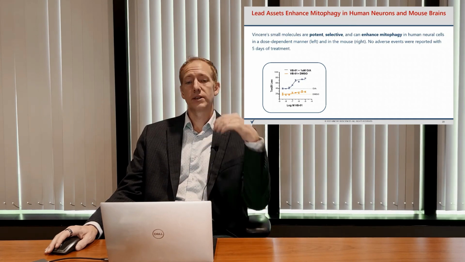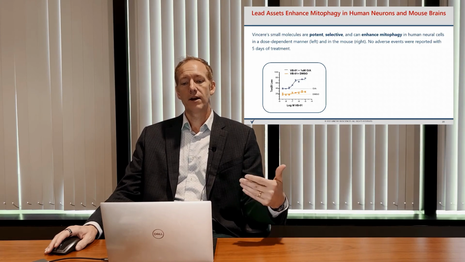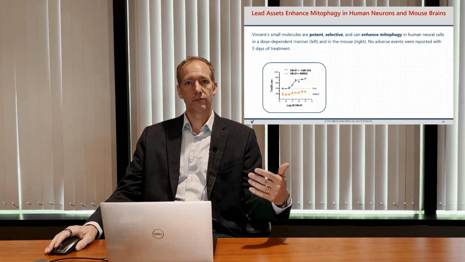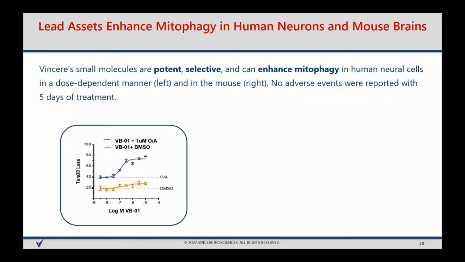So finally, I want to touch on the fruits of our labor and look at our lead programs. We now have small molecules that are highly potent in the low nanomolar range and highly selective for USP30 compared to other deubiquitinating enzymes. We have demonstrated that these compounds are able to increase mitophagy in human neural cells in a petri dish, and importantly, they very selectively boost mitophagy of damaged mitochondria.